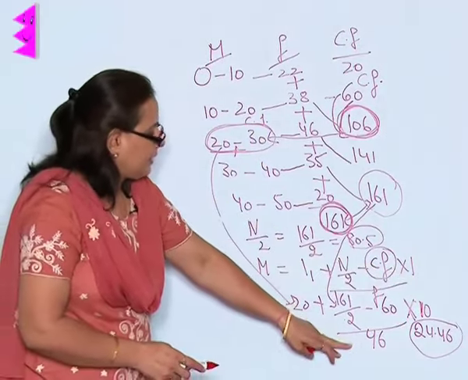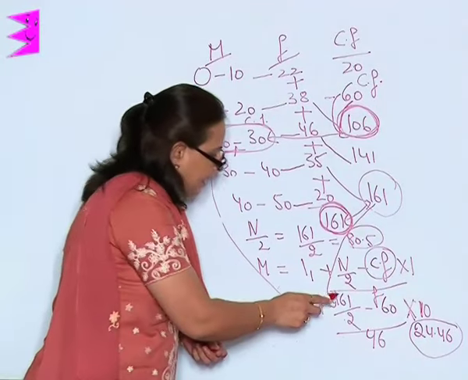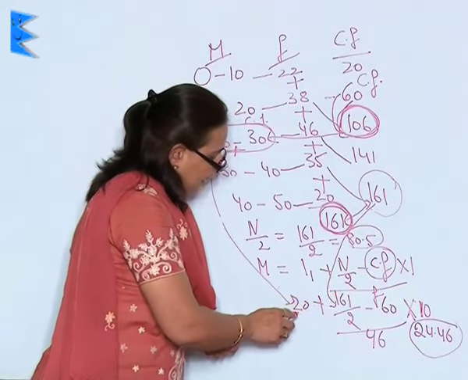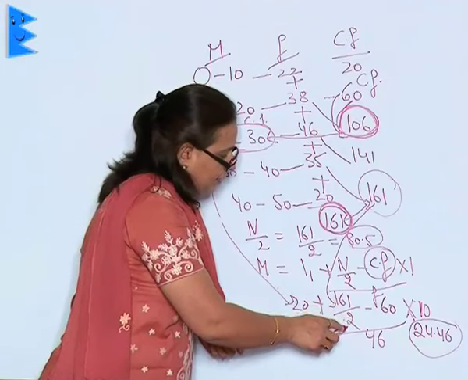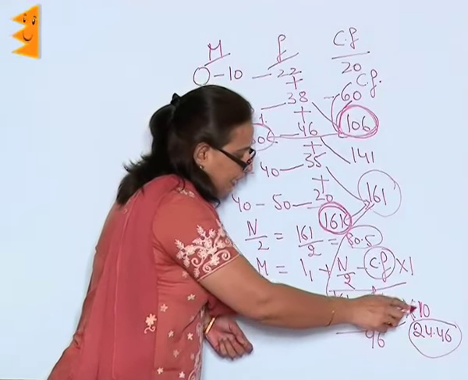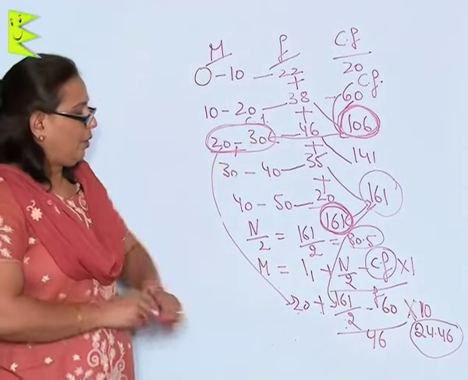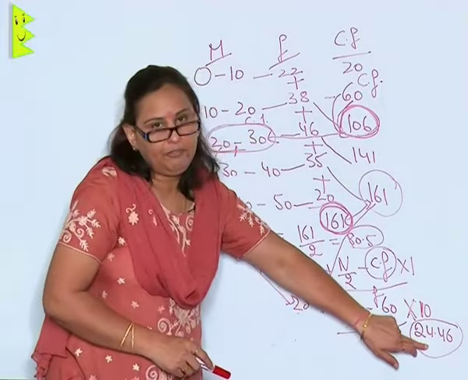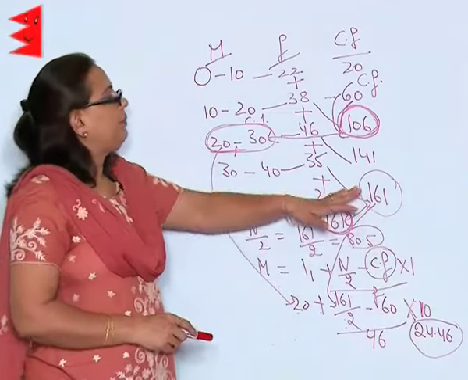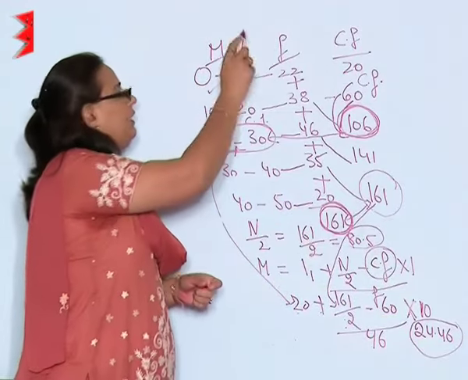Now, when I calculate 20 plus 161 upon 2 minus 60, into 10 upon 46, the conclusion that shall be drawn is 24.46. This shall be the median of the continuous series.